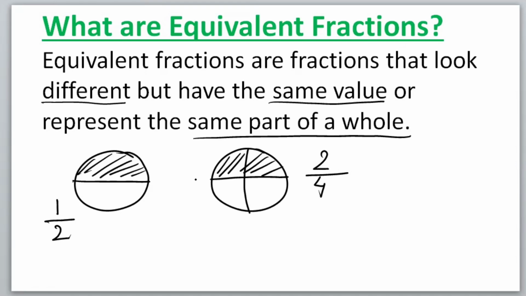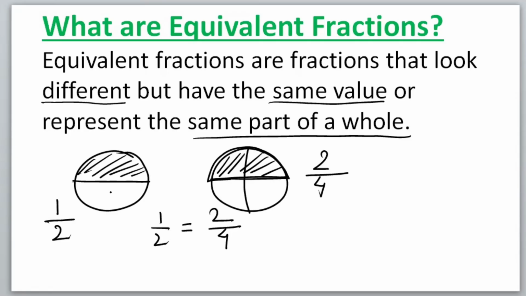And then when you compare these two pizzas, you can see that in this pizza also you have eaten just half of the pizza, as you have eaten in your first pizza. So you can say these two are equivalent, meaning 1/2 is equivalent to 2/4, because when you divide this pizza into 4 equal parts and you have eaten 2 parts, it means you have eaten just half of the pizza.